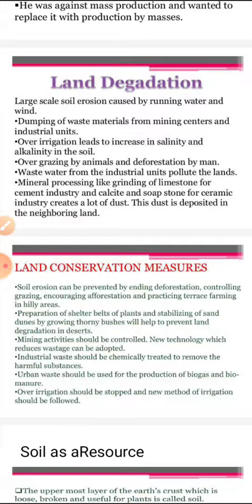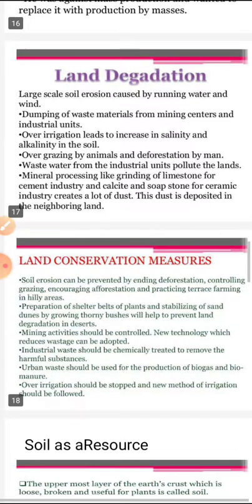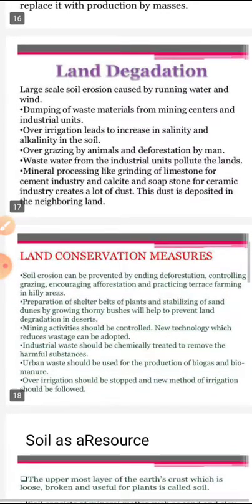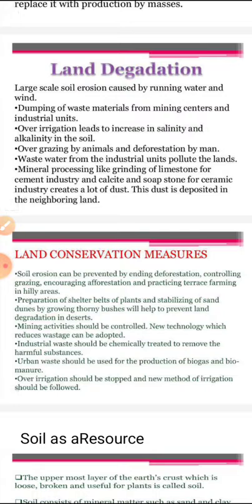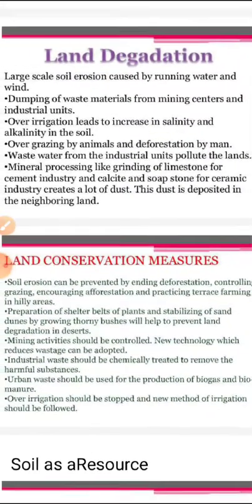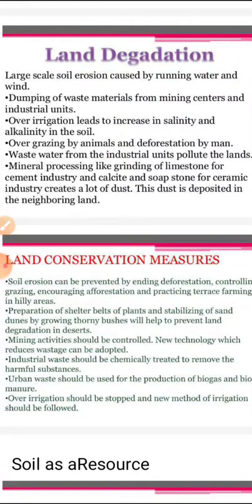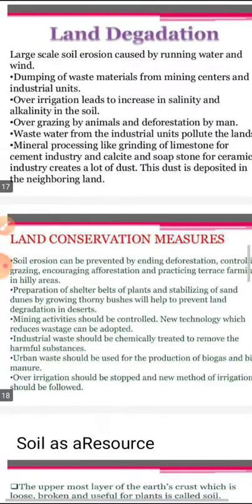The total degraded land in our country is about 130 million hectares, out of which 28% belongs to forest degraded, 56% water eroded, and the rest is affected by saline and alkaline. Human activities like deforestation, overgrazing, mining, and quarrying are also reasons due to which land has been degraded.